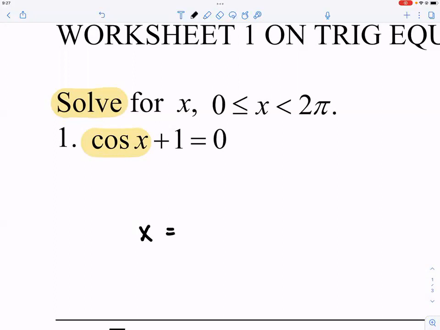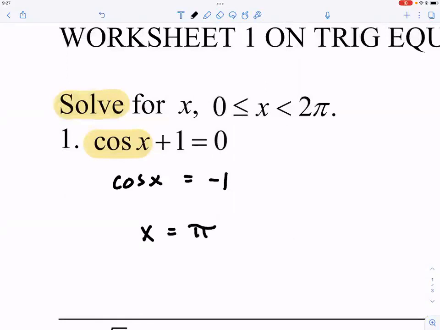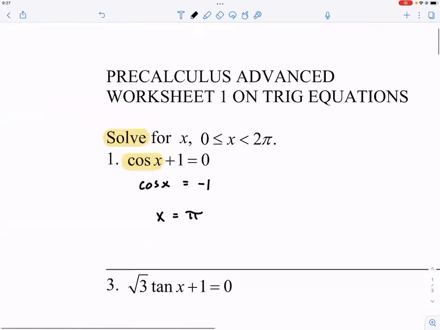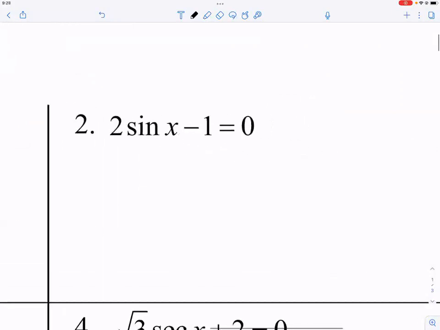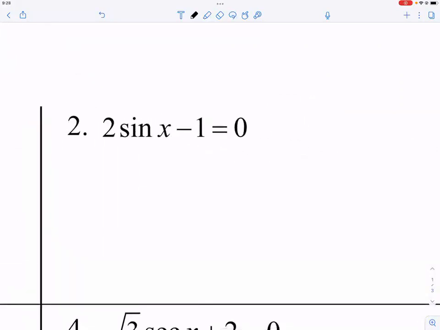So x must equal pi. Now, for the most part, we'll restrict our domain from 0 to 2 pi, so we just have to worry about the 4 quadrants. Okay, so that's somewhat easy. Now, how about this? I will let you try number 2. Go ahead, try number 2.